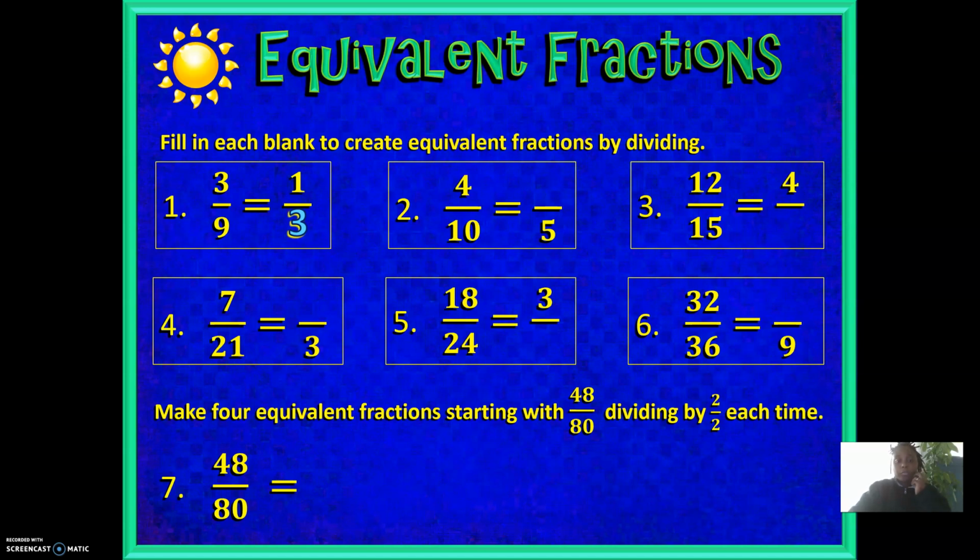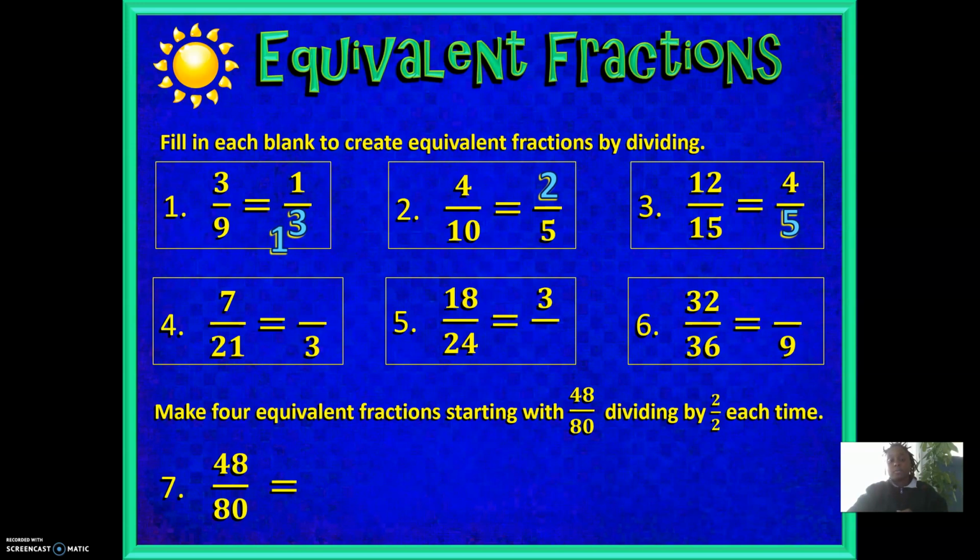Well, for number 2, 4/10 is equivalent to blank over 5. Well, what you should have been asking yourself was, how do you go from 10 to 5 using division to find equivalent fractions? Well, 10 divided by 2 gives you 5. Good. 4 divided by 2 is 2. For number 3, you should have gotten 5.